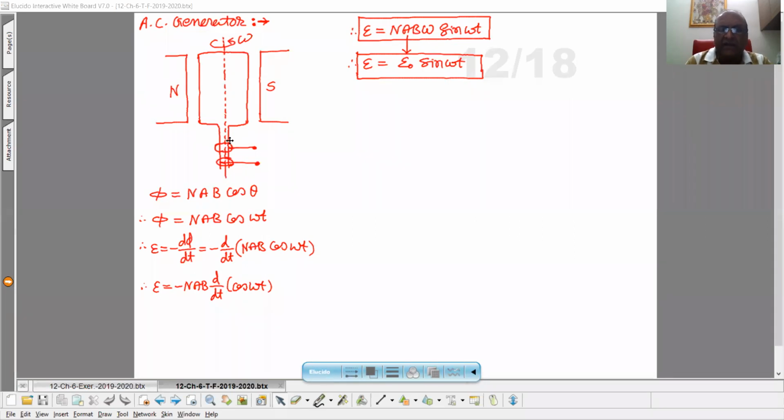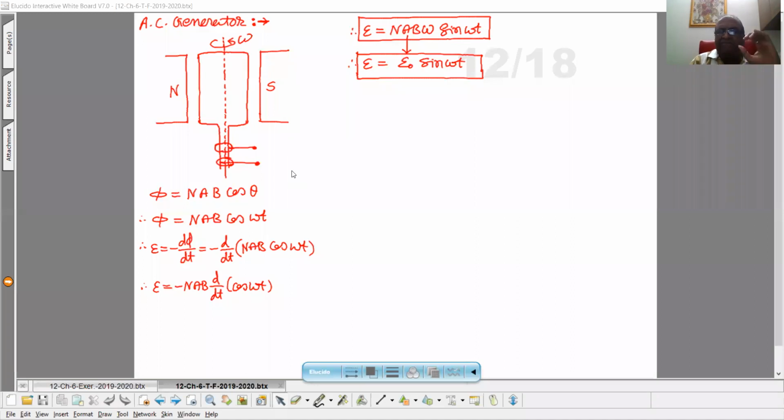Okay, and this coil is connected with slip rings, and from the slip rings two terminals are taken out.